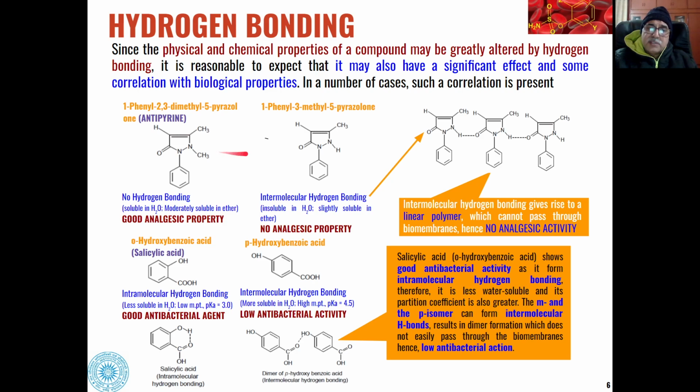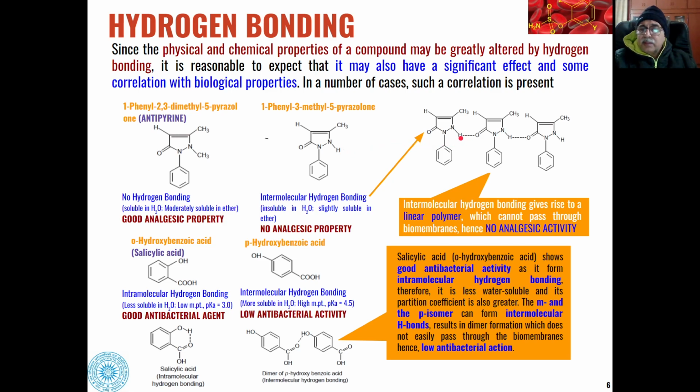The only difference is that here this nitrogen has a hydrogen atom attached to it, whereas here that hydrogen has been replaced by a bigger group, that is a methyl group. So basically this is a 3-methyl compound, whereas this is a 2,3-dimethyl compound.